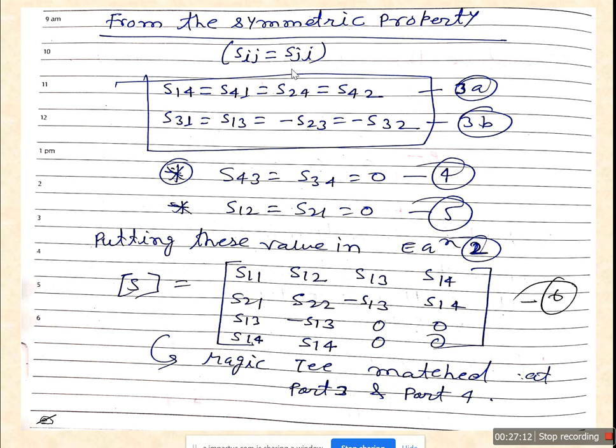For the symmetric property, S14 is equal to S41, S24 equal to S42, S31 equal to S13, and S32 equal to S23.